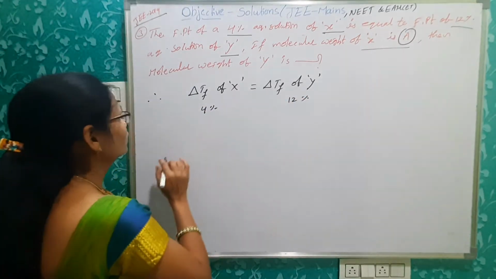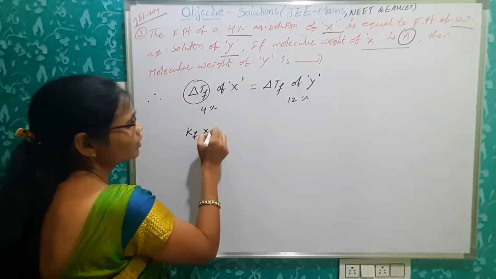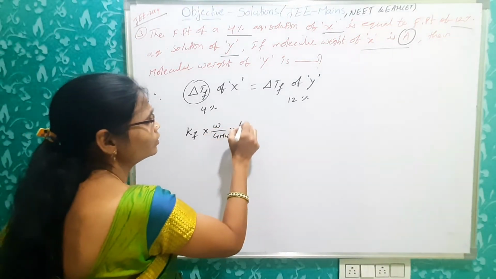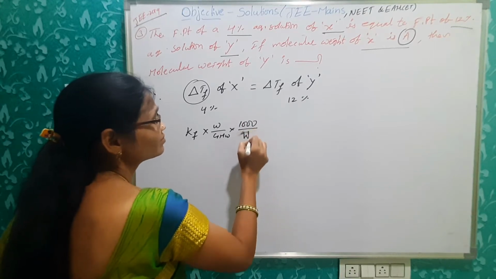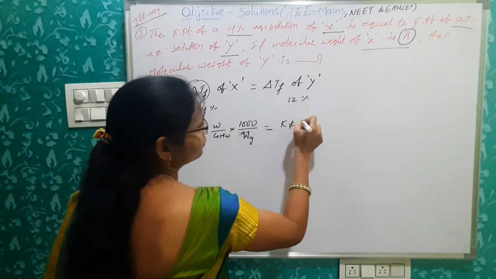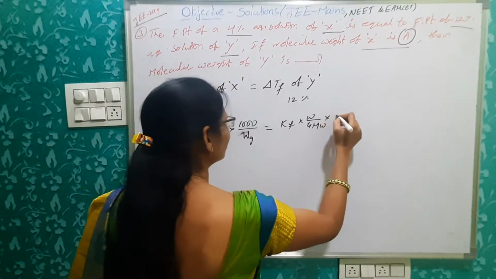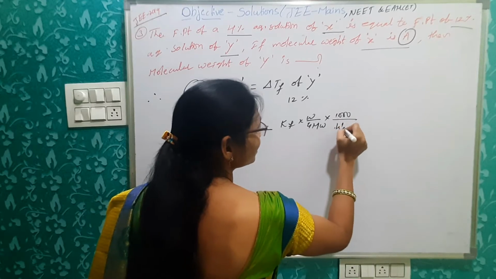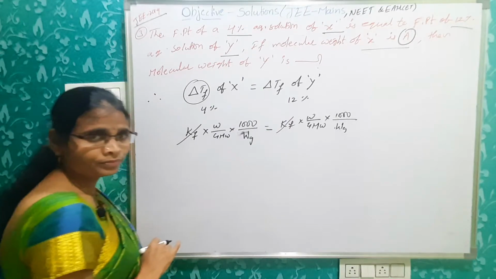Now, what is the formula of freezing point? Kf into molality. What is the molality formula? Weight by gram molecular weight into 1000 by weight of solvent in grams. Now, same: Kf into weight of solute by gram molecular weight of solute into 1000 by weight of solvent in grams again. So, Kf's are not given, simply ignore them.